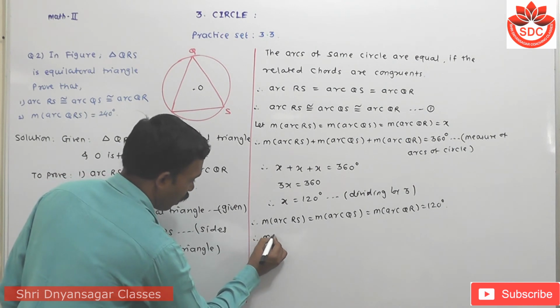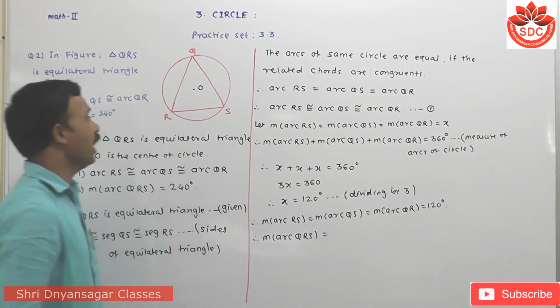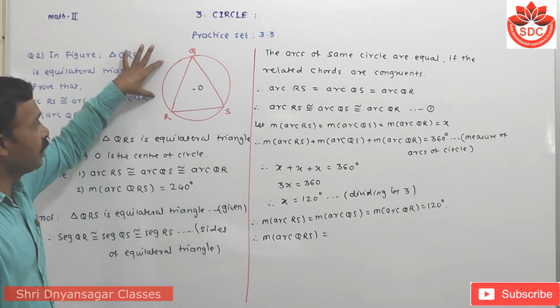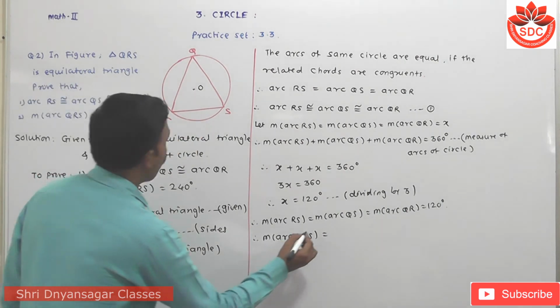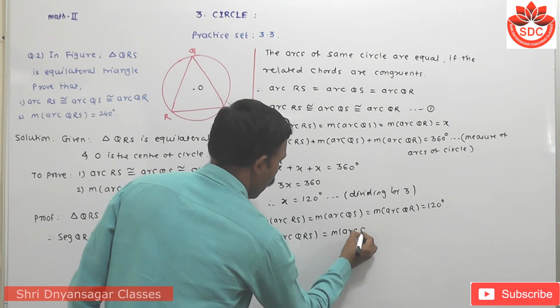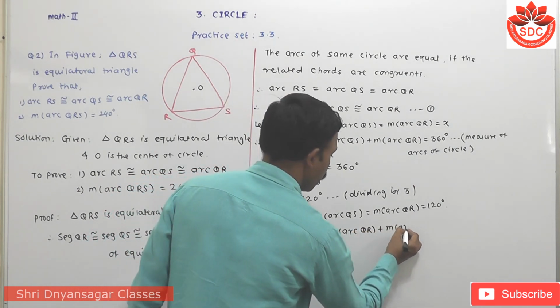Therefore, the measure of arc RQRS is equal to, look at the figure, QRS. That means the addition of these two arcs, the measure of RQR plus the measure of RS.